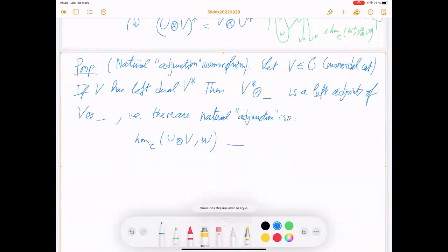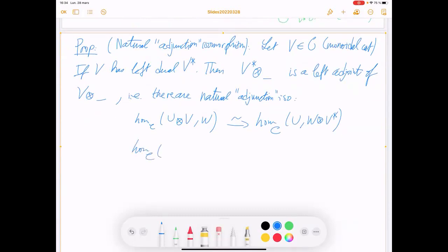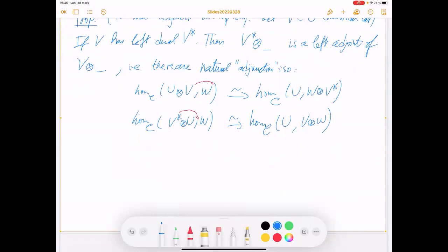So a natural isomorphism with Hom from U to W tensor V star, and between Hom from V star tensor U to W and Hom from U to V tensor W. So you are moving this one here, and this one here. It is the same as before, the analogue of the adjoint of a matrix, and the adjoint corresponds to the inner product.